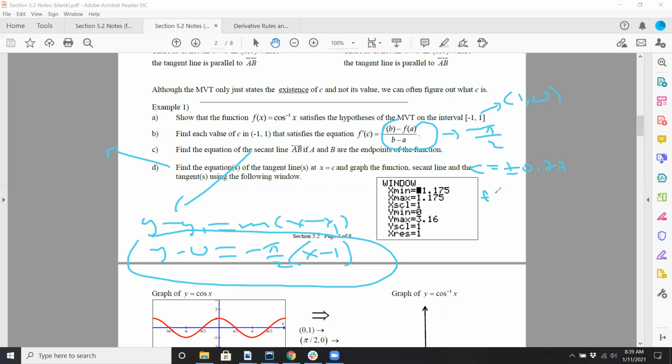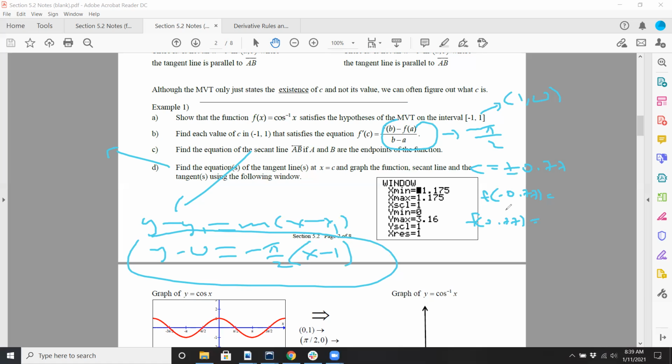And if I do f of negative 0.77 or f of positive 0.77, I'll do the inverse cosine of those numbers. Oh, let me try one more time because I was in radian mode.